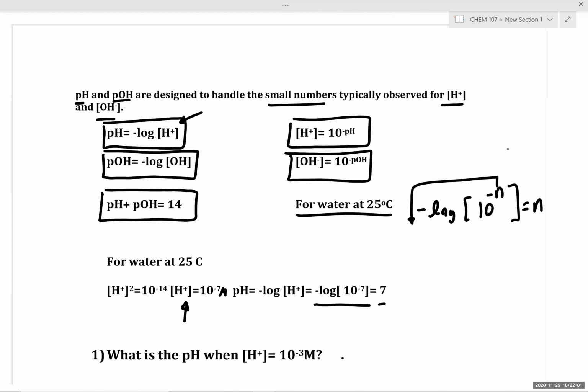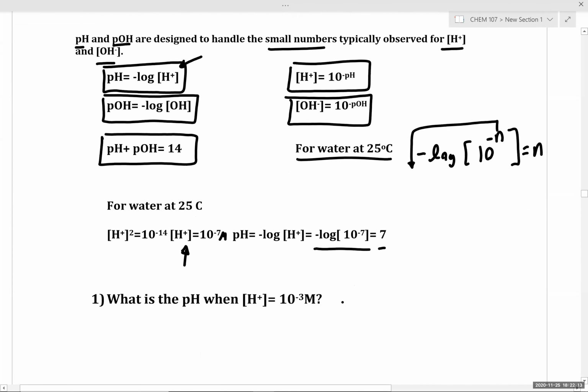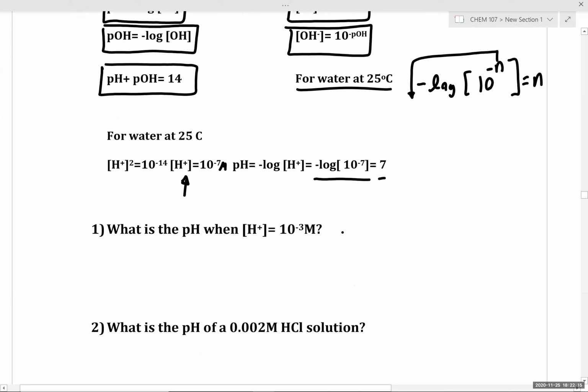Does this look familiar from any of your math classes where they discussed logarithms? Yeah. Okay, so let's try to see how this works in practice. So what is the pH when the concentration of H+ is 10 to the negative 3rd molar? So we know that pH is equal to negative log of the concentration of H+.